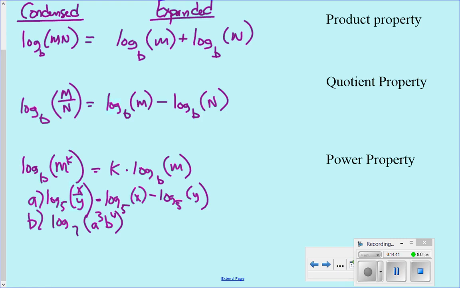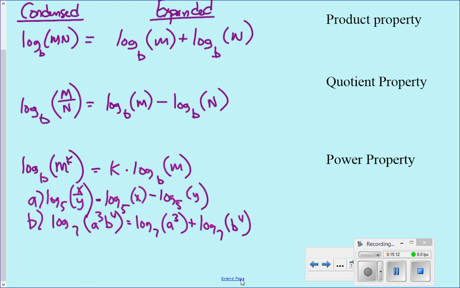The reason I point that out is because we're expanding and we are in reverse order of operations, that means the exponents will come last, meaning I'll apply the power property last and I'll apply the product property first. So my first step is going to be log base 7 of a cubed, and I'm going to add that to log base 7 of b to the fourth, applying that product property first.